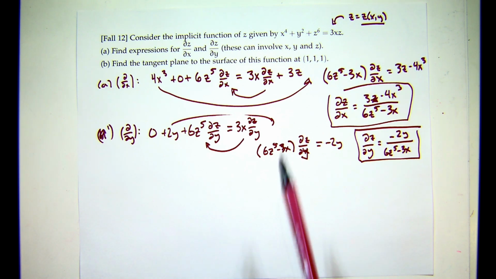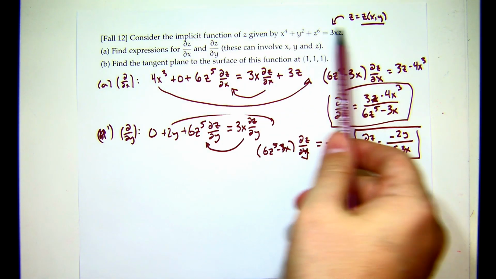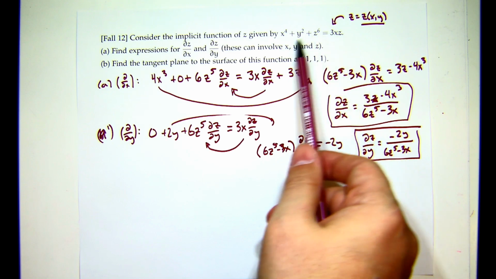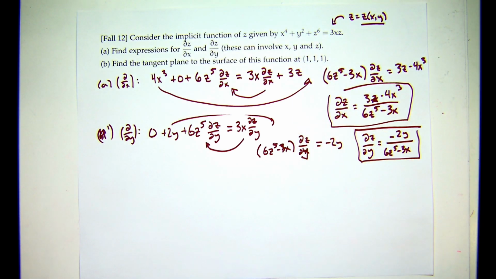Now you might say, well, this doesn't fit f of x, y, z equals a constant because I have pieces on both sides. Well, what do I do? If I want to write this as f of x, y, z equals a number, can it be done? Or is it just impossible?